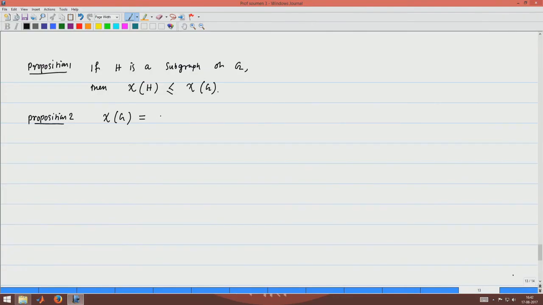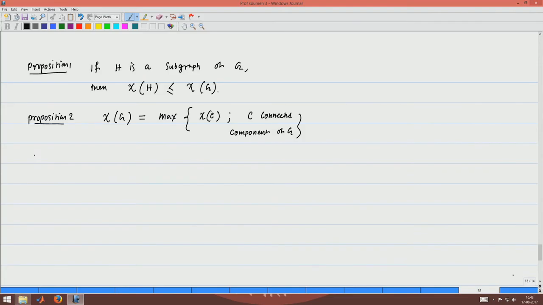Okay. So, chi of G is the maximum of the chromatic numbers of the different components, where C ranges over the connected components of G.